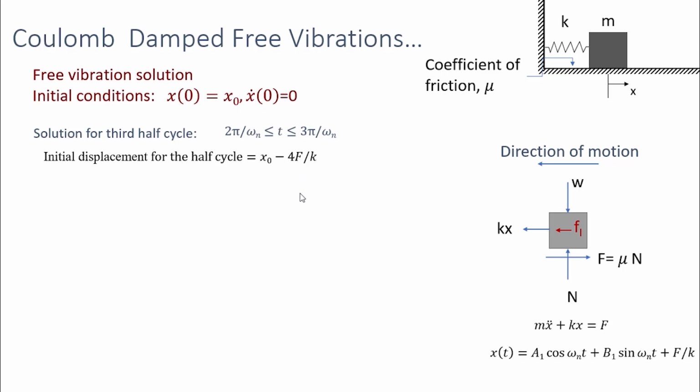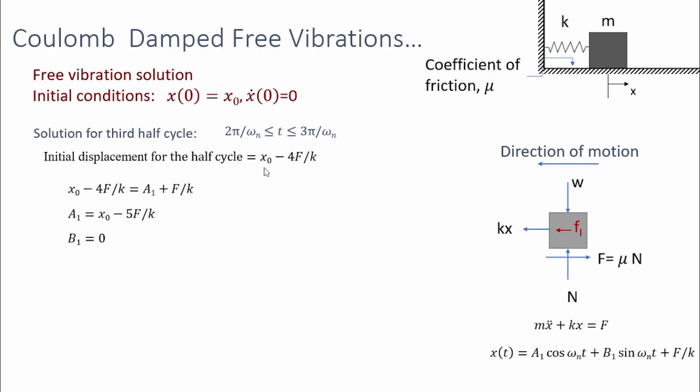And in this half cycle, the direction of motion of the mass will be towards left. So the equation of motion will be as per this relation, m x double dot plus k x is equal to f, and we will have the solution like this plus a positive f by k term.